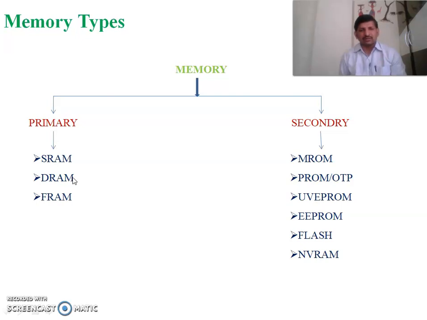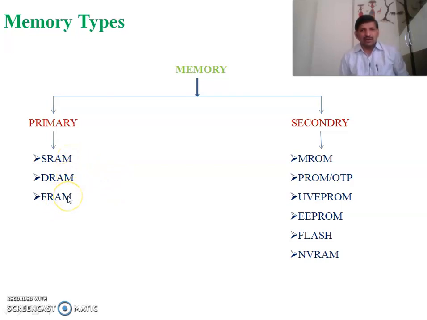It requires one MOSFET and a capacitor to create the memory cell, or to store the data. It has high capacity. It is less costly since it requires only one MOSFET and a capacitor. It requires 60 nanoseconds for write access, so it is somewhat slow when compared with SRAM.